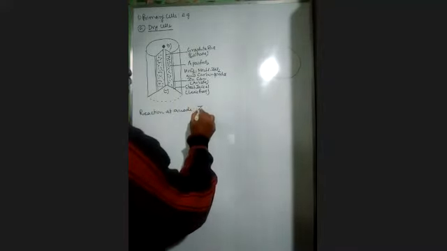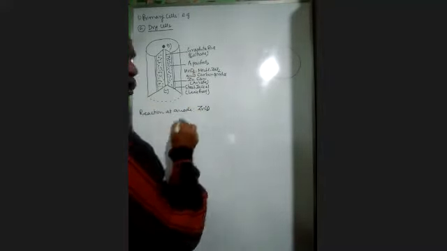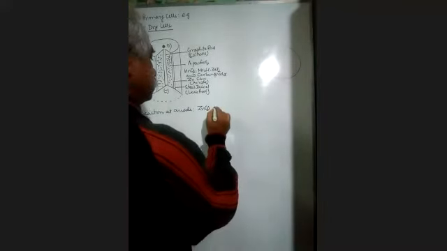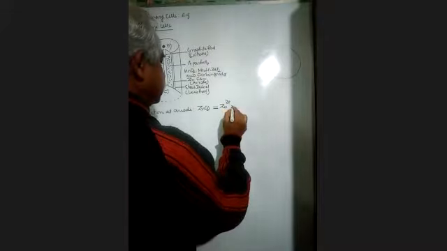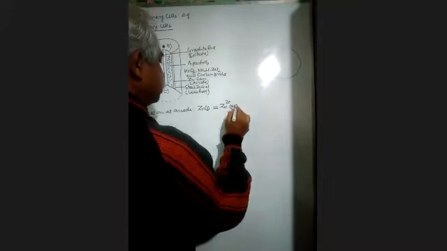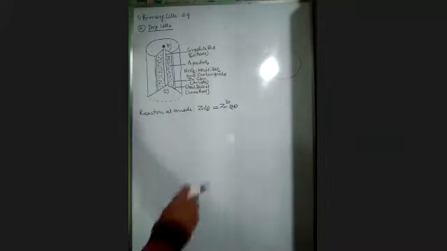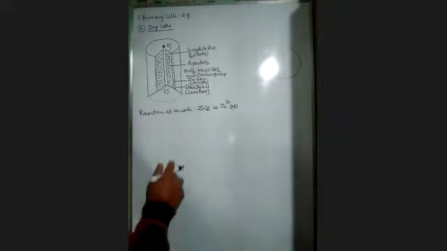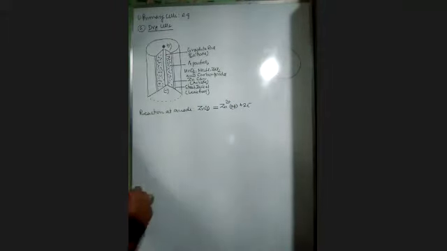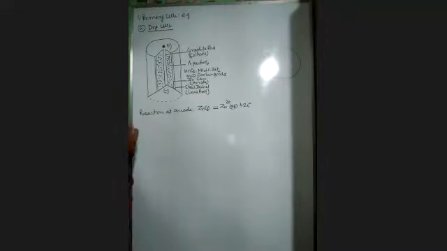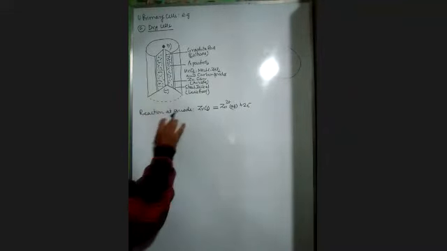Zinc solid goes to zinc 2 plus aqueous. Why should I write aqueous? Because it is a paste, it contains water. Plus 2 electrons. Then this reaction at cathode I'll write later on.